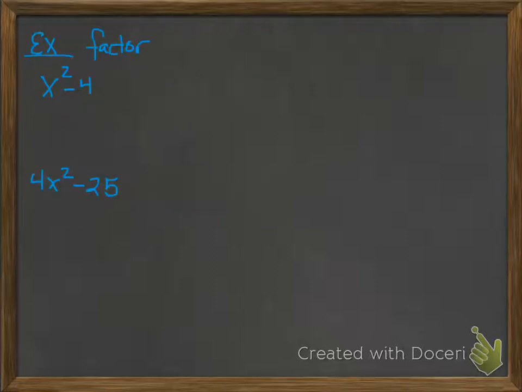So if I want to factor x squared minus 4, and I see I have a subtraction sign here, and I know x squared is really just x, and I put the square on the outside, minus 2 squared. And this is the same as saying x squared minus 4.